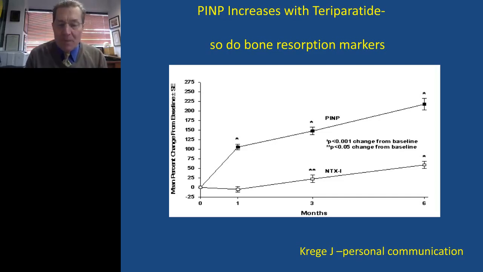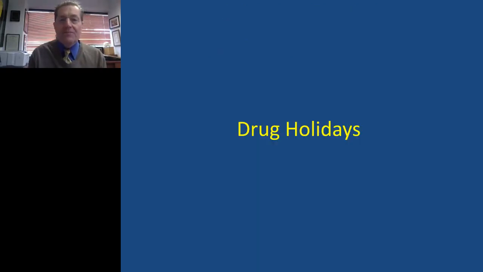No change at month 1 in the bone resorption marker, but because of the coupling between bone cell lines, when you increase bone formation or osteoblast activity, you increase osteoclast activity, and then ultimately you'll see the rise in the NTX. Certainly the preferred marker for monitoring teriparatide will be P1NP or osteocalcin. But this just shows the biology, again, of this coupling of cell lines.